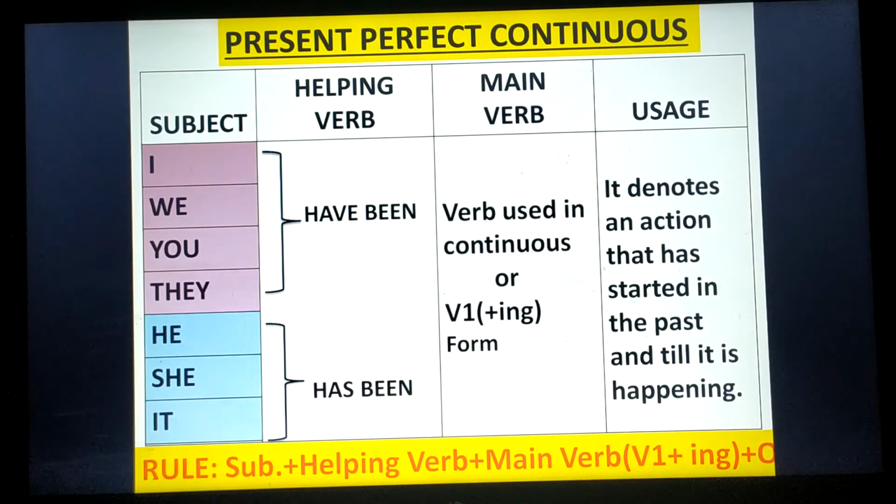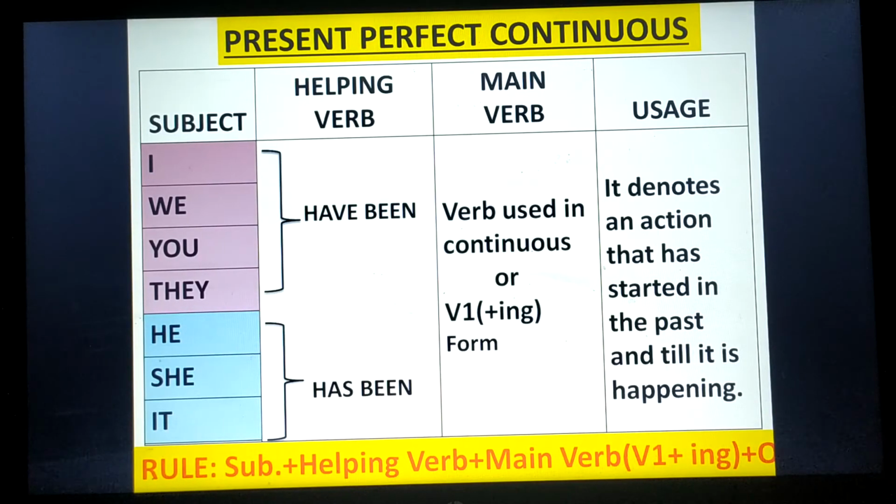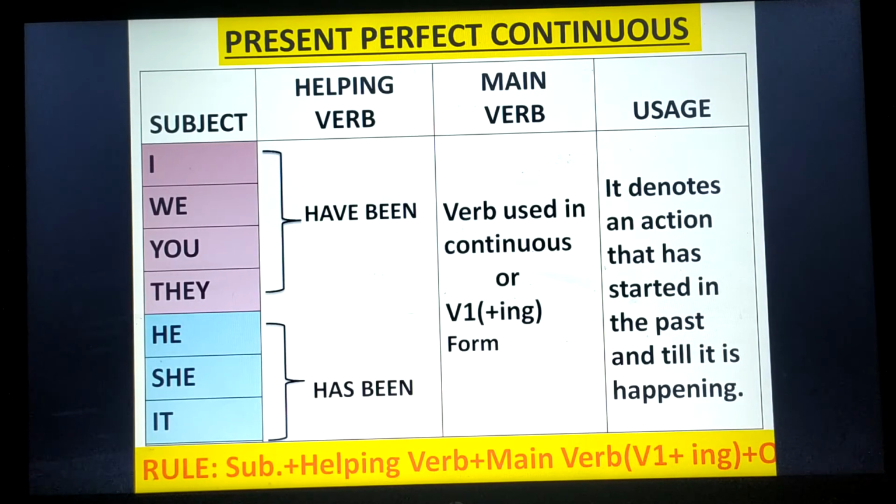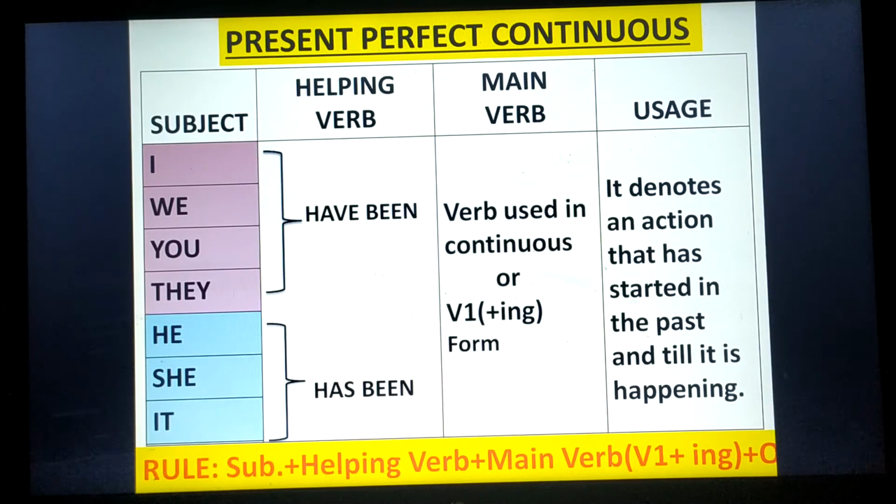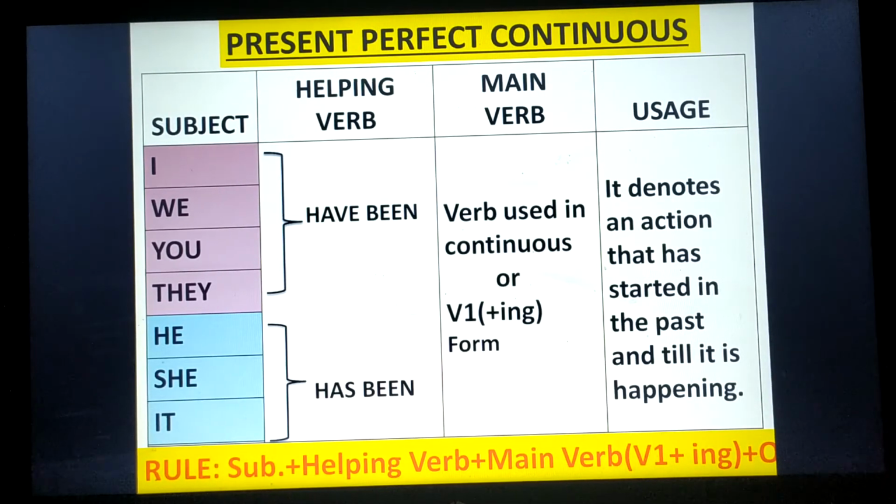Next, we have present perfect continuous. If you look at present perfect continuous, first of all we will know its uses, right? It shows an action that has started in the past and is still happening. It started in the past, but it is still happening. So first of all, we will know how we make it.